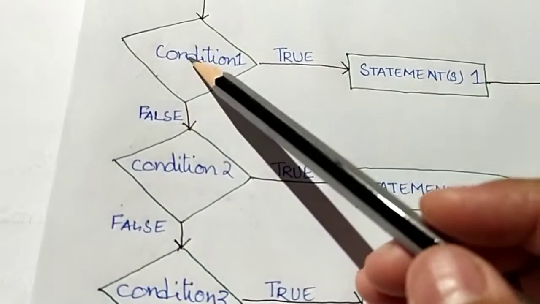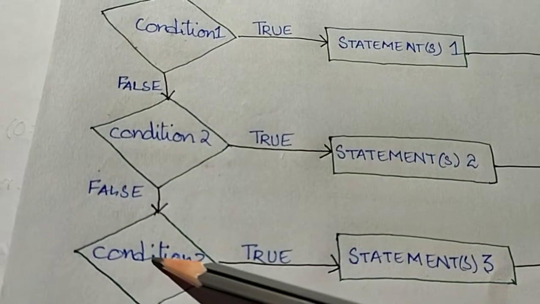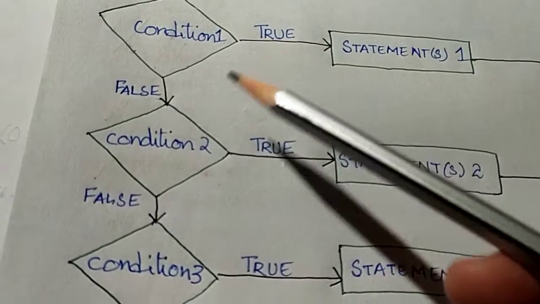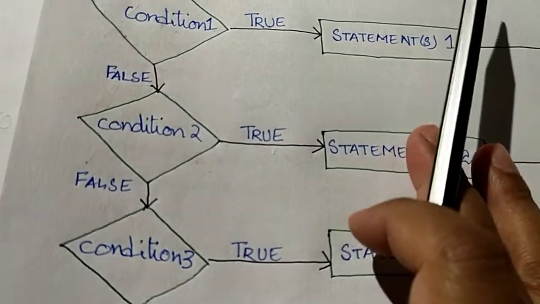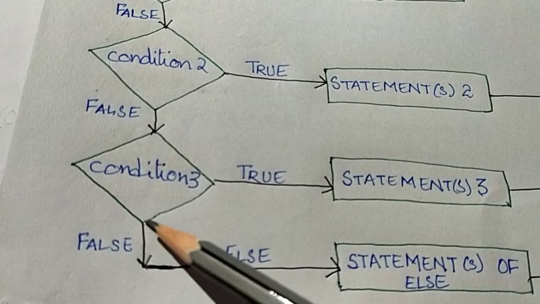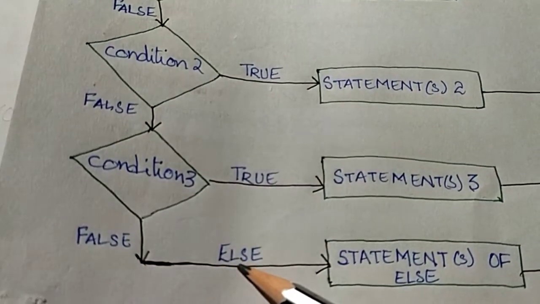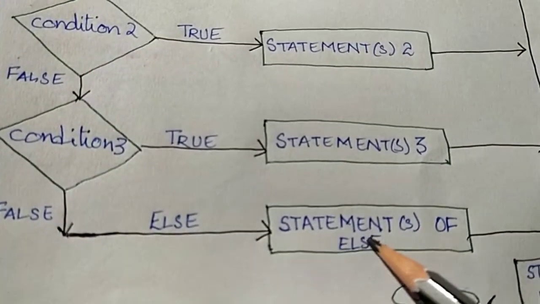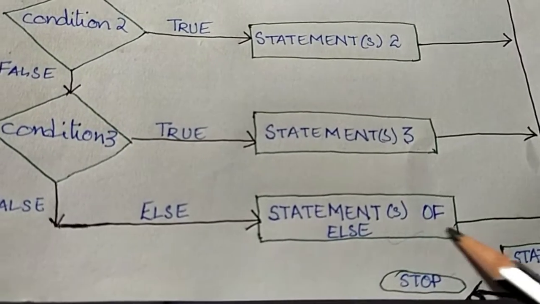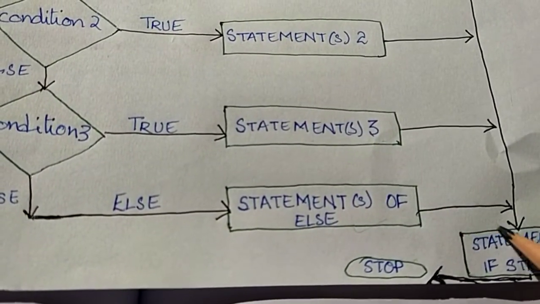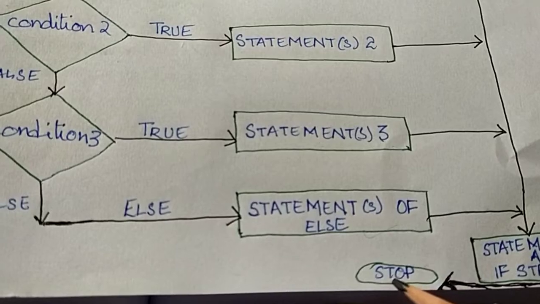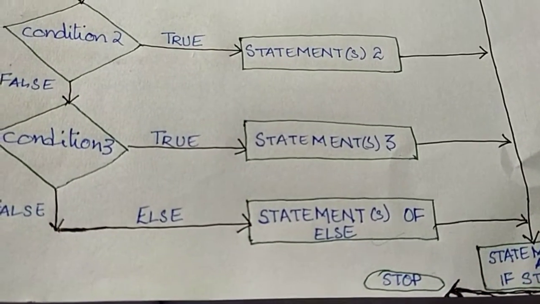But here, in case all these conditions, condition 1, 2, 3, 4, become false, the execution will pass on to the else, and the statement of the else will execute, and then it will come out from the if structure, and then it will stop the program.